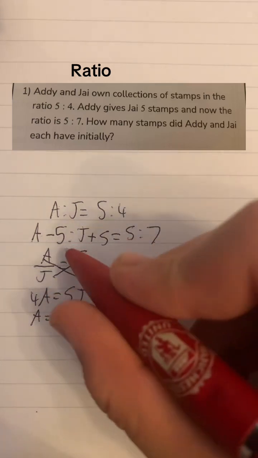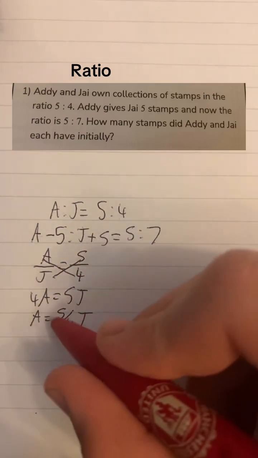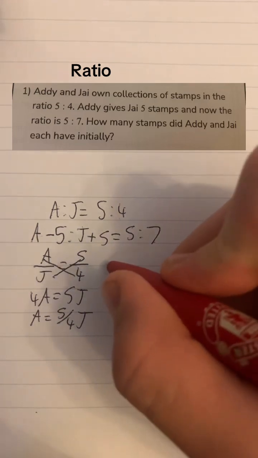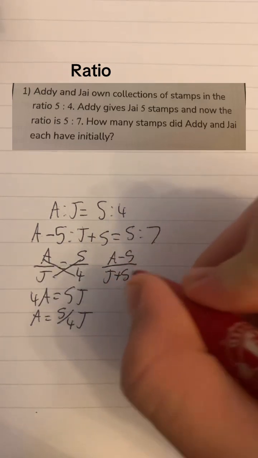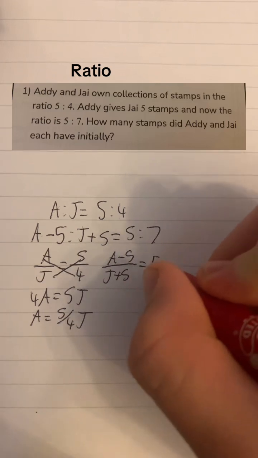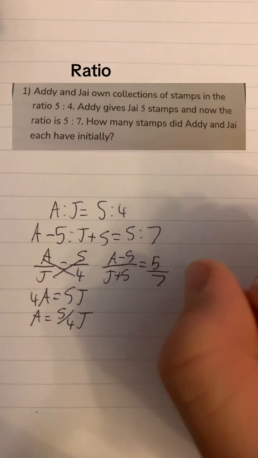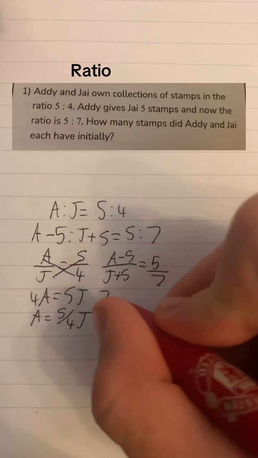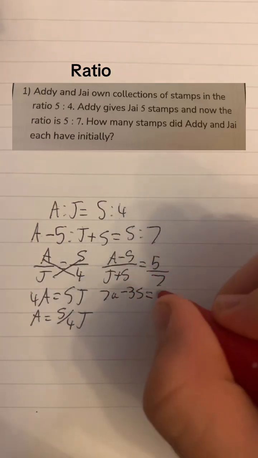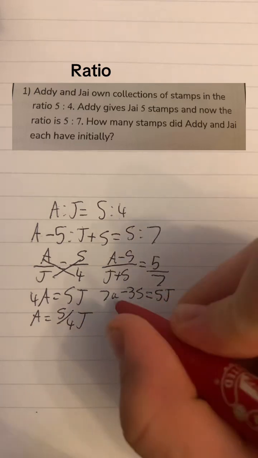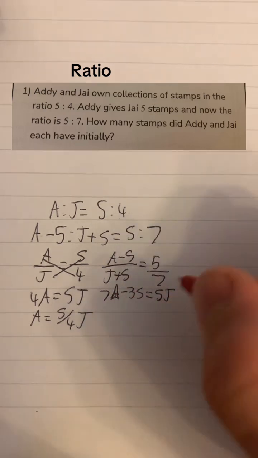And now we're trying to make this one also turn into an equation. So A minus 5 over J add 5 equals 5 over 7. And then 7 times A, 7A minus 35 equals 5J add 25. That should be capital A, sorry.